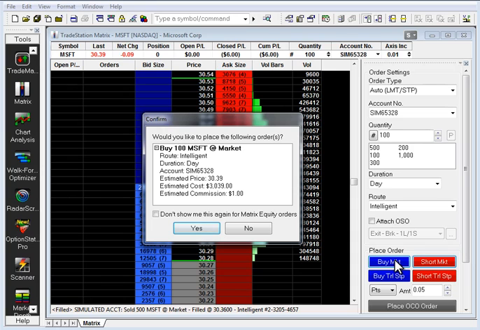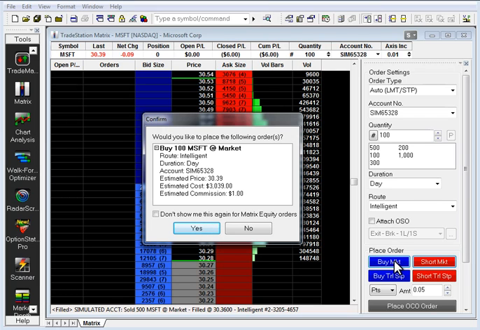A confirmation window comes up providing details about the order I'm about to place, such as type of order, the route, the duration, the account number, the estimated price per share, the estimated cost for the transaction, and the estimated commission charge.